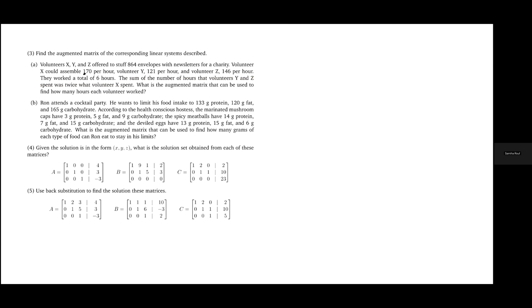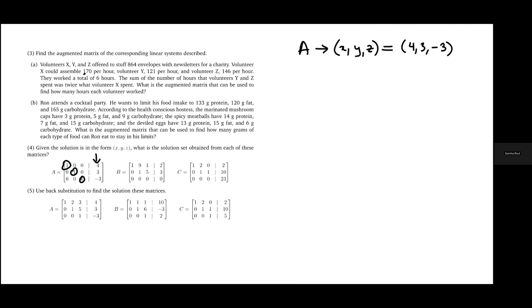In A, we have all zeros in both corners and ones along the diagonal. So A is an example of a consistent system that has already gone through the Gauss-Jordan elimination process. So this last column is the solution set. Assuming we have a solution set X, Y, and Z, their solution set would be 4, 3, and -3.